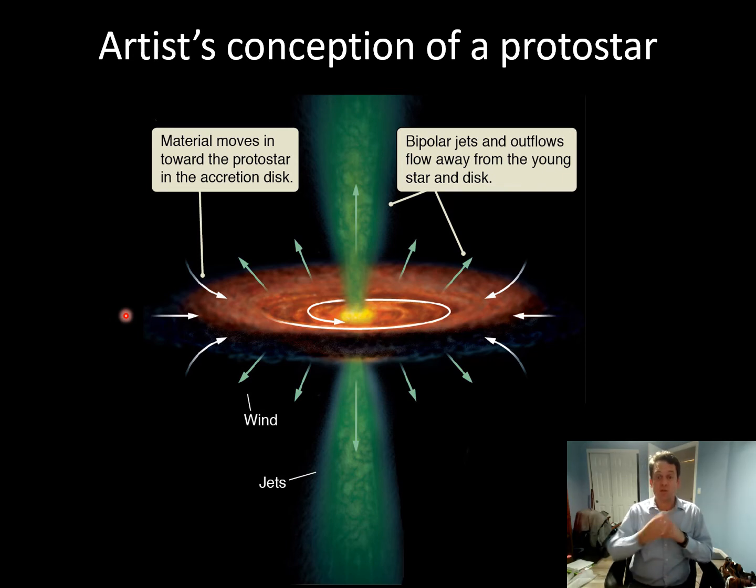On the one hand, material is flowing in to the star, spiraling in the accretion disk. But there are also these features known as bipolar jets, which are what they sound like. You have jets that squirt material out in either direction perpendicular to the plane of the accretion disk, and then you also get some outflows along the accretion disk.